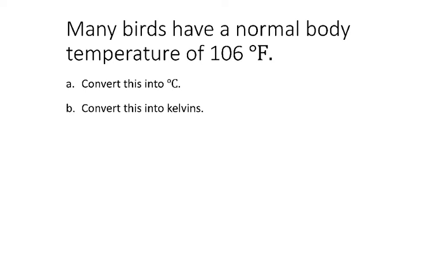Okay, and welcome back. Now that you have an answer. Remember TC would be TF minus 32 over 1.8. And you don't have to memorize that. You can always have that in a table.